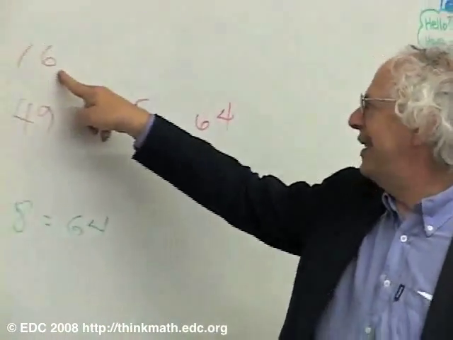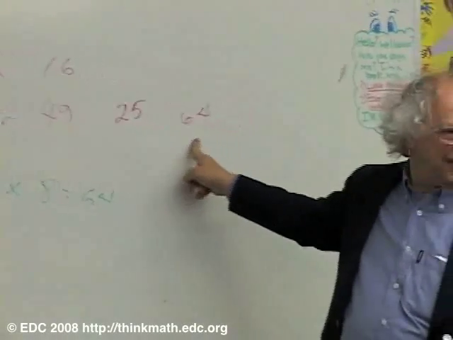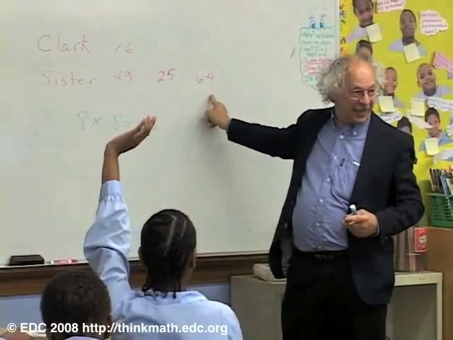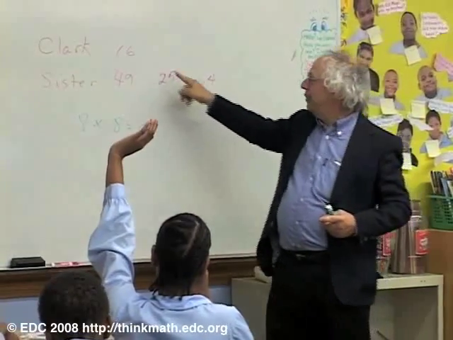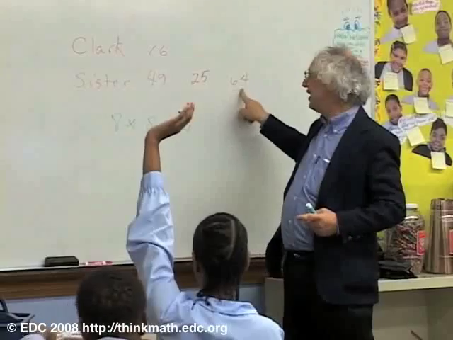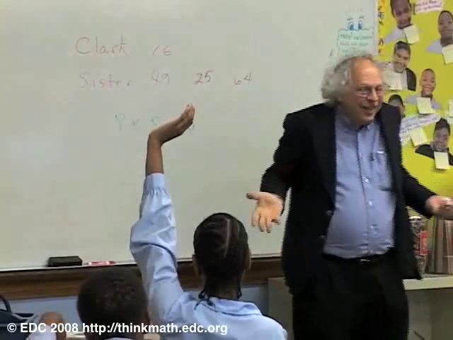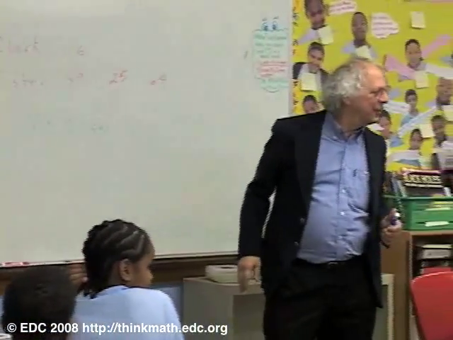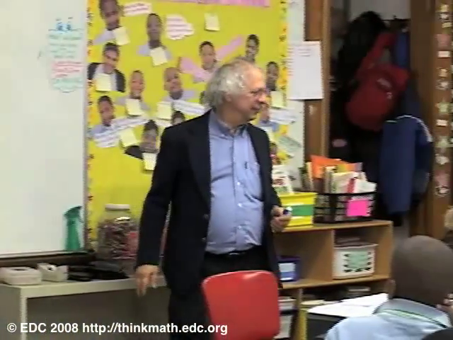But why 16 and 64 doesn't feel so good? Why not? I mean, 64 is also a square number. That's 8 times 8, right? But if he is 16 and his sister is 64, what bothers you? Because if it was like the sister was 49 after Clark was 64, that would mean their mother's like 100 and something.